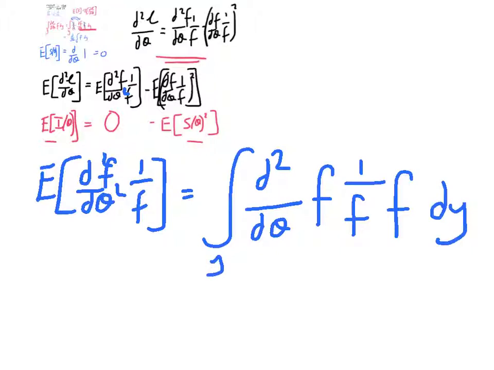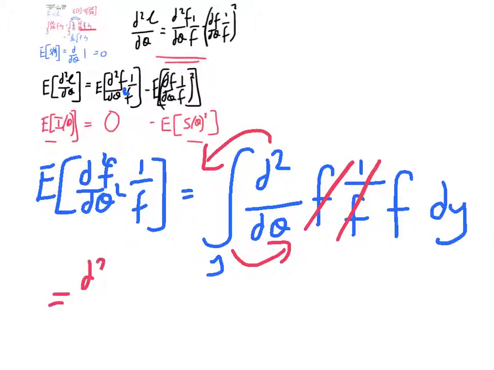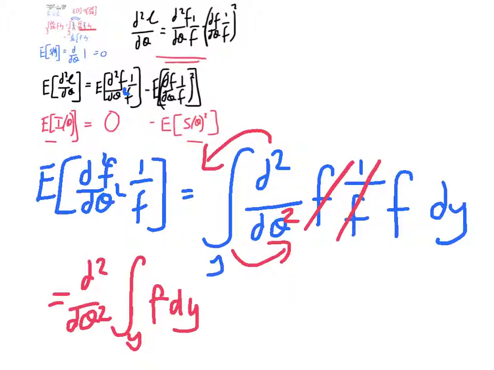So we've seen all the tricks we need to know. These cancel, and we're going to reverse the order of these operators. So what we need to do is find the second differential of the integral of f dy, and of course that is equal to 0.